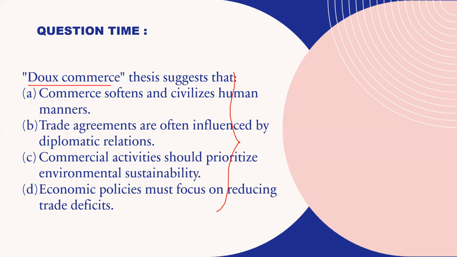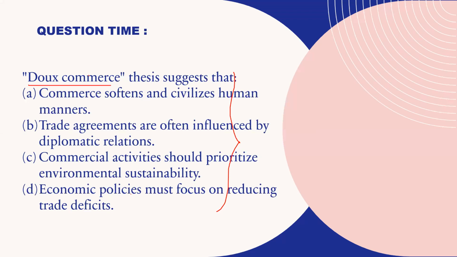Basically, doux commerce is something where, for example, Russia was supplying almost 40% of its natural gas to Europe. The basic idea is that commerce softens and civilizes human manners. That is what doux commerce is, and because of that hyper-globalization worked.